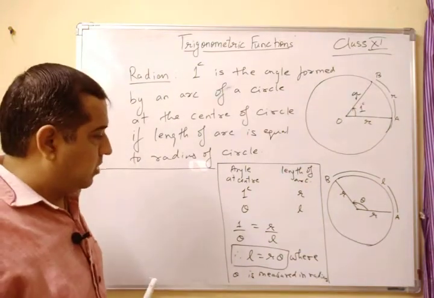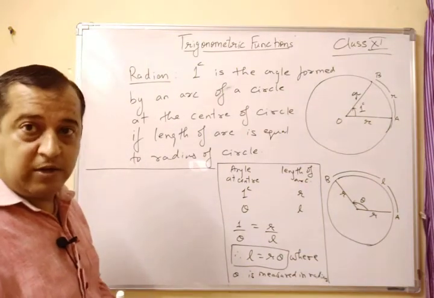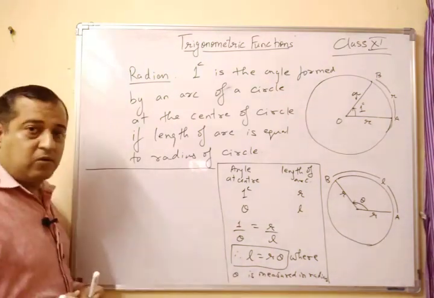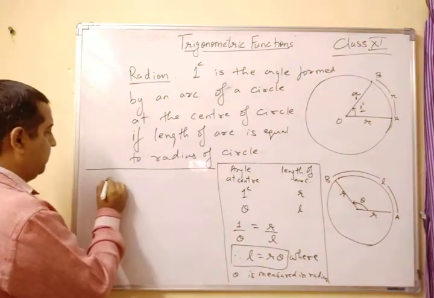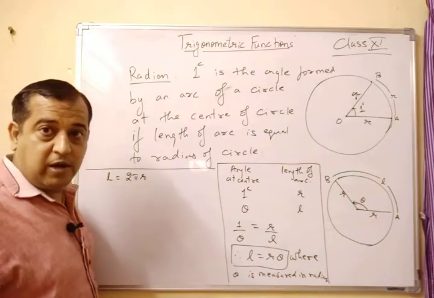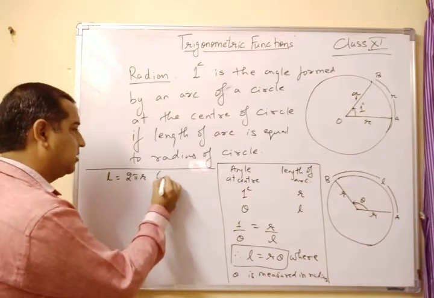Now, if you consider this L is equal to r theta, if we take length to be 2 pi r, it means a complete circle.